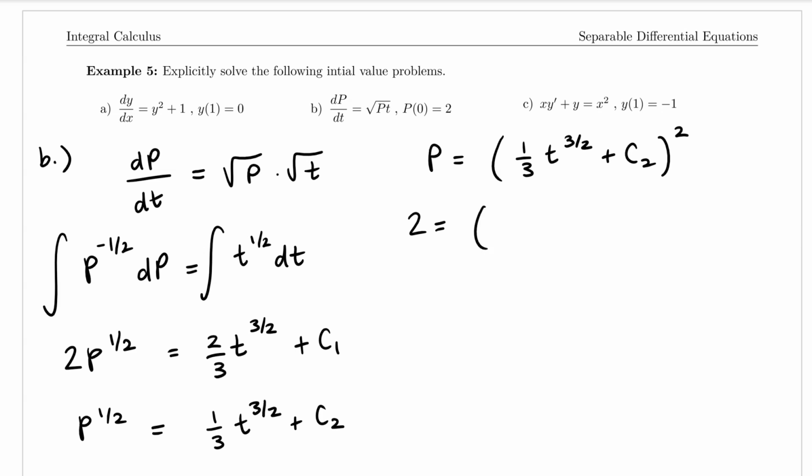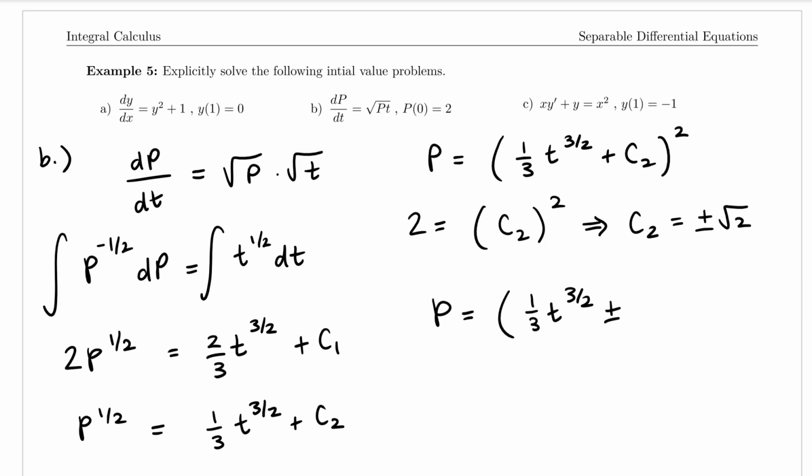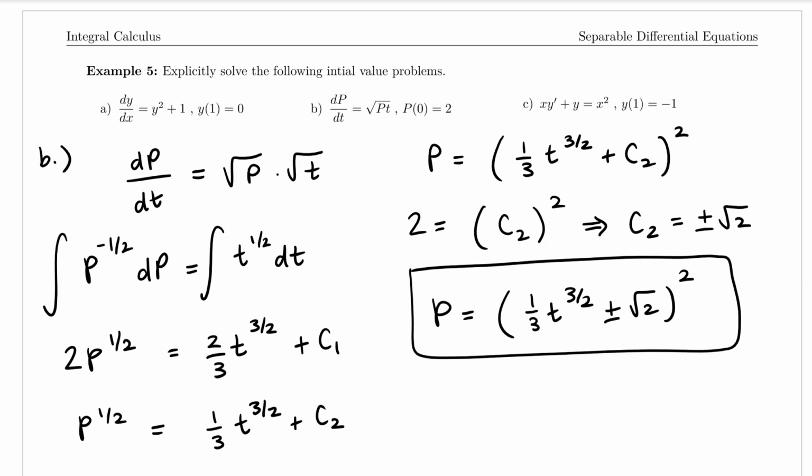And t becomes 0. So we are left with that. And then if I solve this for c2, by taking the square root of both sides, I get c2 is equal to plus or minus root 2. And so we end up getting p is equal to 1/3 t to the 3/2 power plus or minus the square root of 2 quantity squared. And here is our final answer.